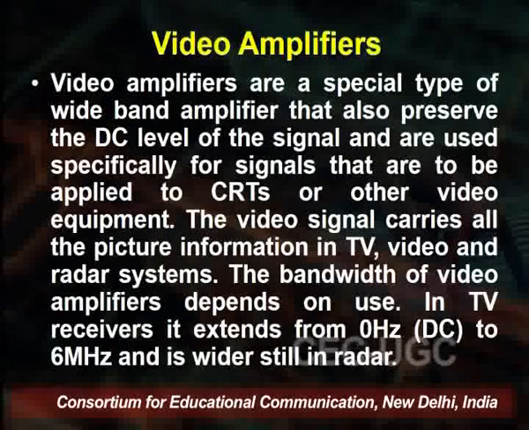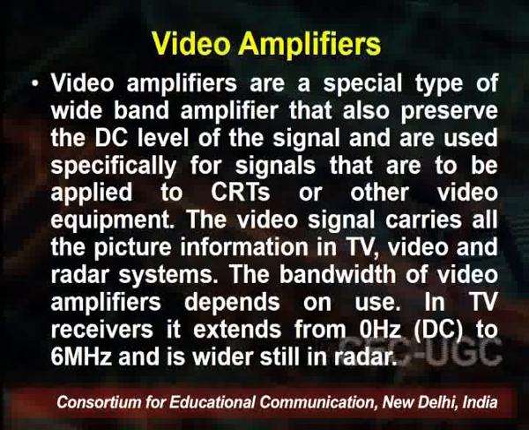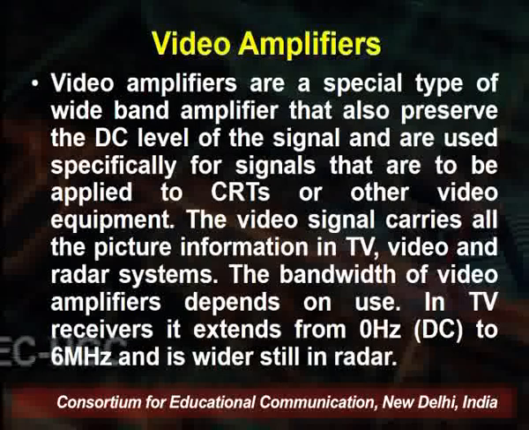Next is the video amplifier. The name suggests that the video will be amplified. So the video amplifier is a special type of wide band amplifier that also preserves the DC level of the signals, and is used specifically for signals that will be applied to the CRT, cathode ray tube, and other display units.